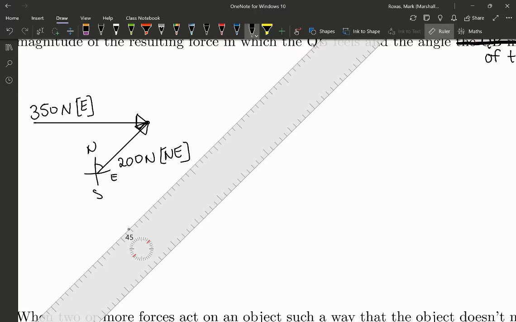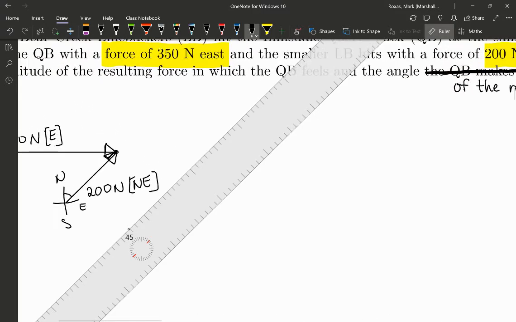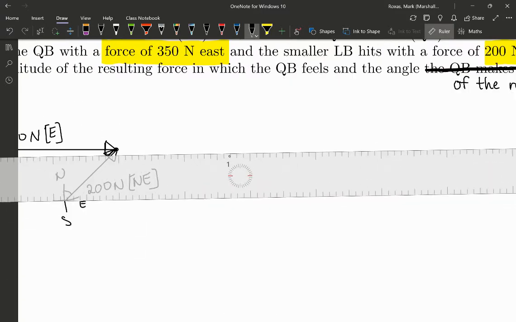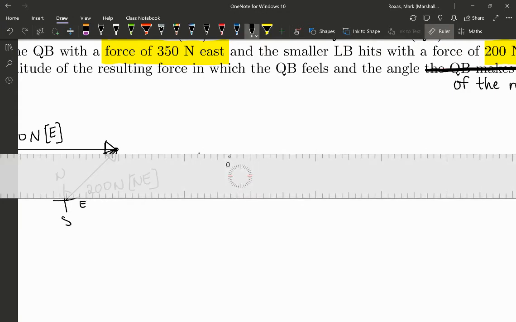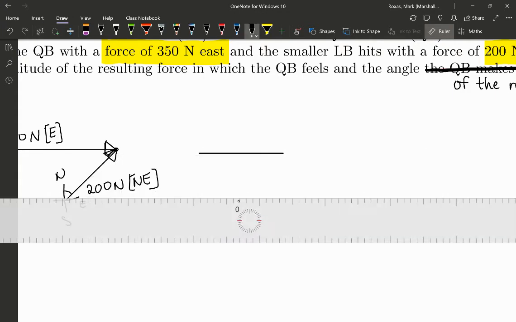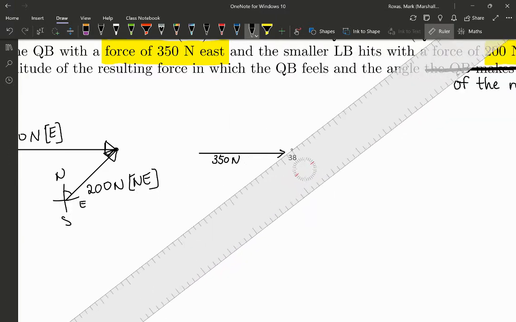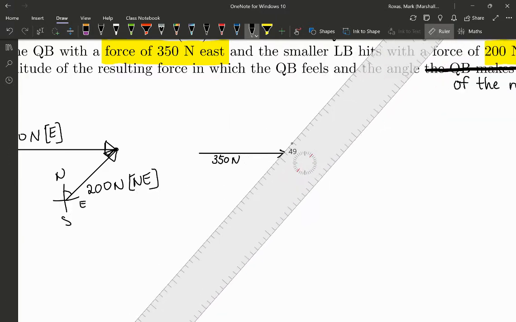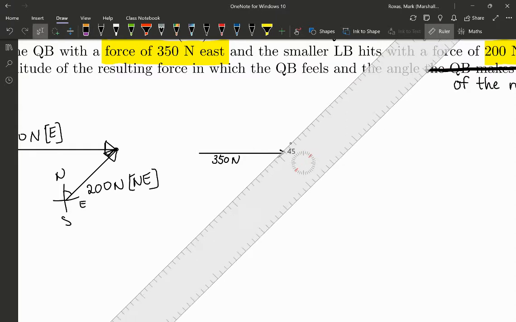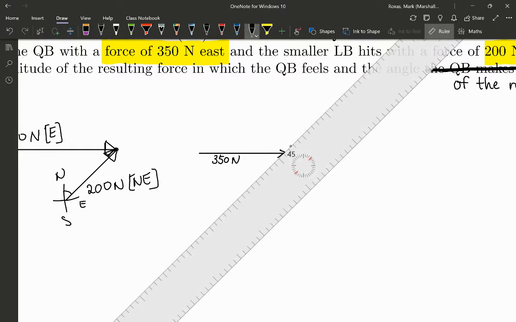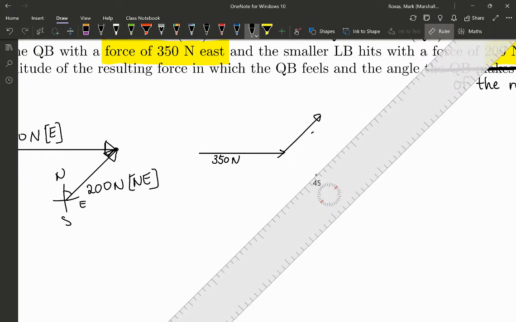When we add two vectors, we don't add them head to head like this in this diagram. We have to add them head to tail. So I'm going to create another diagram that illustrates that. Here is my 350 newton vector going straight to the east. I'm just going to take that 200 newton northeast vector and connect them head to tail, like so.